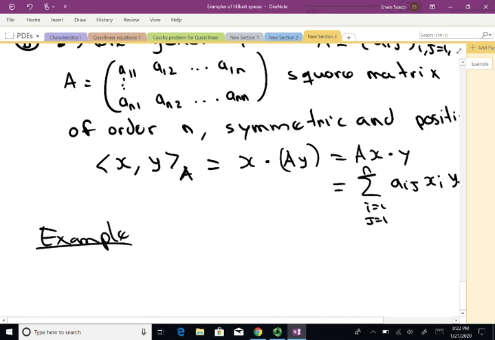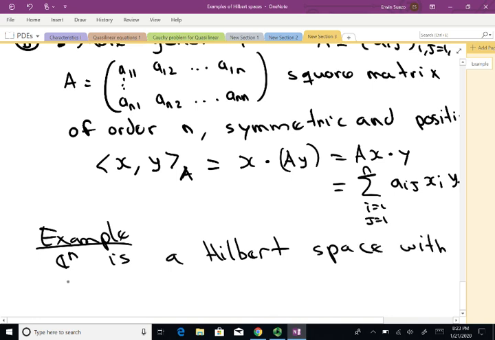What about complex vectors? It means the vectors can be of the form 1 plus i, which belongs to complex 2. So you have complex vectors. Cn is a Hilbert space with respect to the inner product.